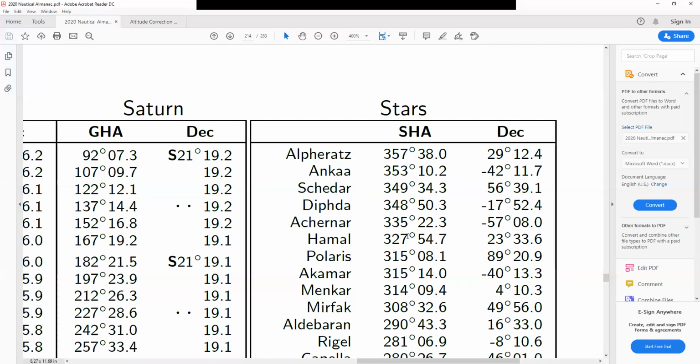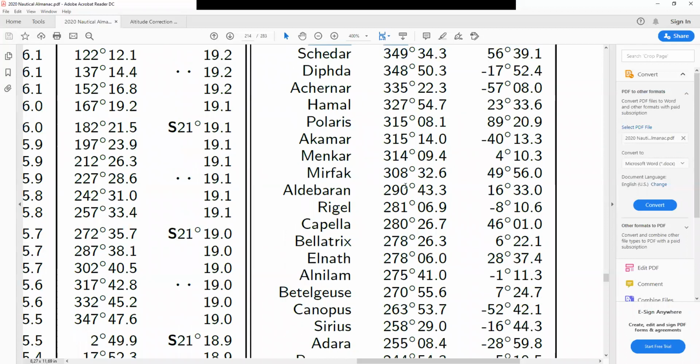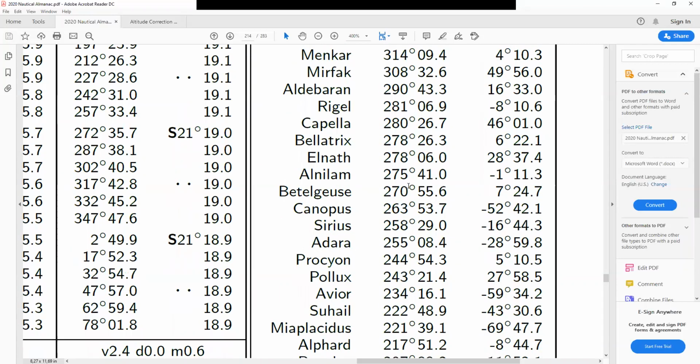So what are those SHAs we're looking for? 265 and 257. We simply start at the top and work all the way down. We've got 270, which is outside our parameter. Then we have 263. Does that fall in our parameter?